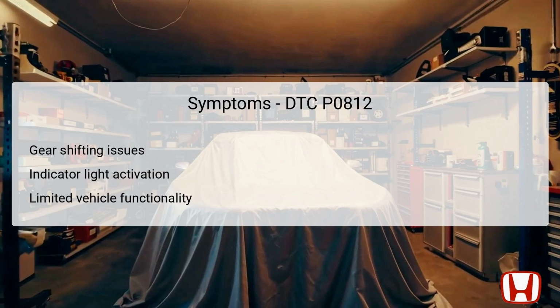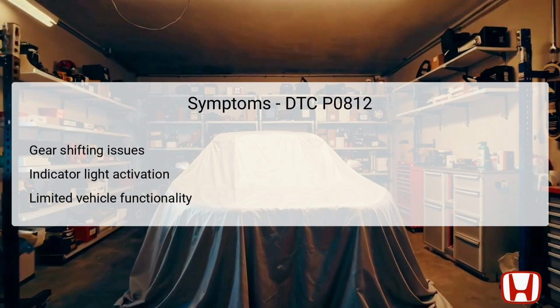When DTC P0812 is active, specific symptoms may manifest, indicating that the issue is impacting the vehicle's operation. One of the common symptoms is gear shifting problems, which can include delays in shifting or the inability to change gears altogether. The vehicle may also engage the check engine light, alerting the driver to a malfunction within the transmission system.